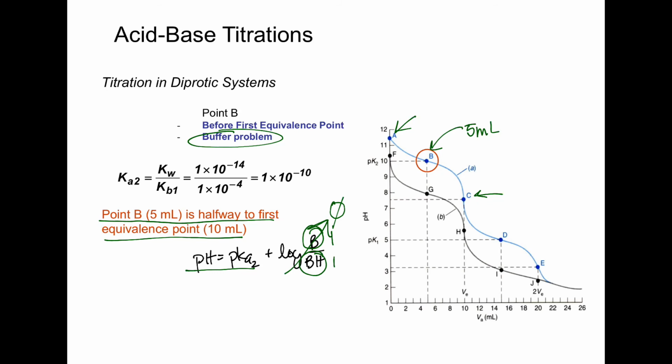If we remember that shortcut, we'll remember that the pH is equal to the pKa, and we just calculated the pKa was 10. So we just did this one. All right, so the pH is now down at 10. It makes sense that it got lower because we're becoming more acidic as we're adding strong acid.